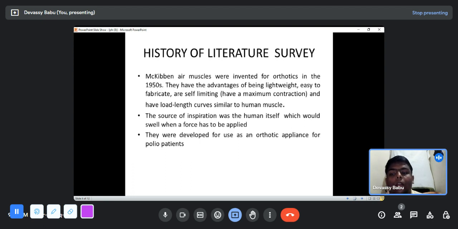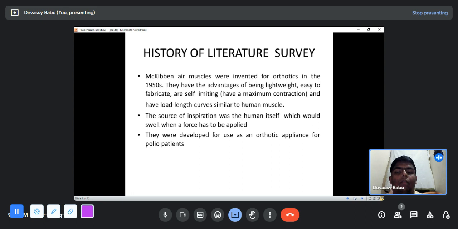History: this was invented by McKibben, the McKibben air muscle. The air muscles were introduced for orthotics in the 1950s.